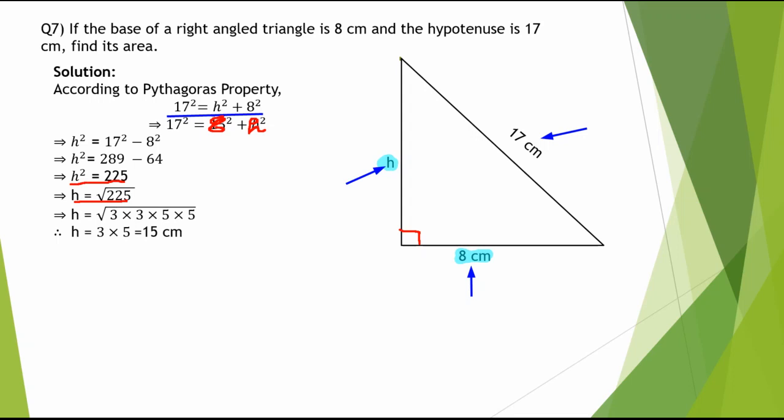Now simply we can apply the formula of area of triangle to get the area. So area of triangle is half into base into height. Base is 8 here and height is 15. So if we calculate this, we get 56 centimeters square, the area of the right angle triangle.